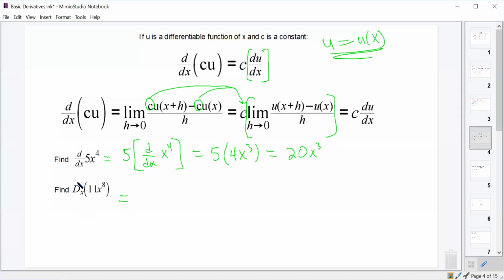So this one on the bottom here, another notation for derivative, the derivative with respect to x of 11x to the 8th should be what? 88x to the 7th. Yep, everybody good with that? Or no? Good.